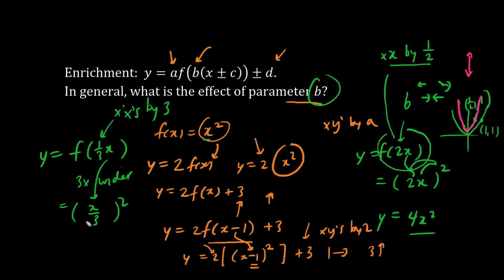So this is x over 3, or 1/3 x, same thing. So this number here means the graph is going to be 3 times wider. So instead of drawing the standard point (1, 1), it's going to be a lot wider. In fact, we're going to have (3, 1), because the x value gets multiplied by 3.